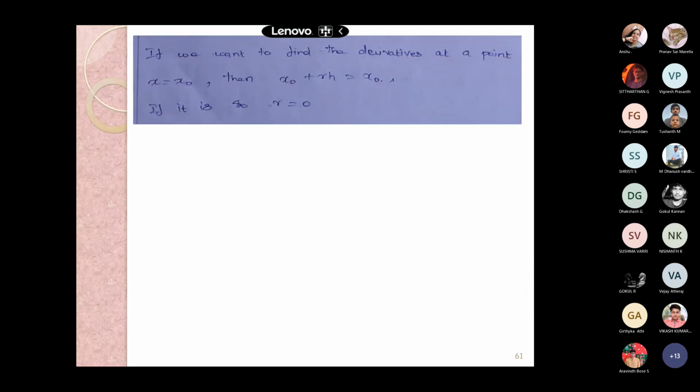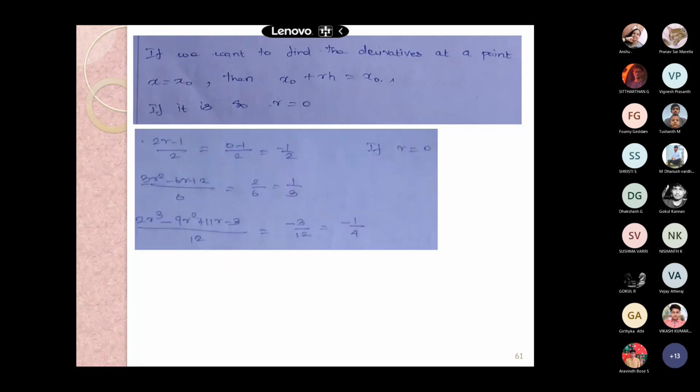If we want to find the derivative at a point x equal to x naught, then x naught plus rh has to be equated with x naught. If so, we can get r as 0. There won't be h, it would be some number.